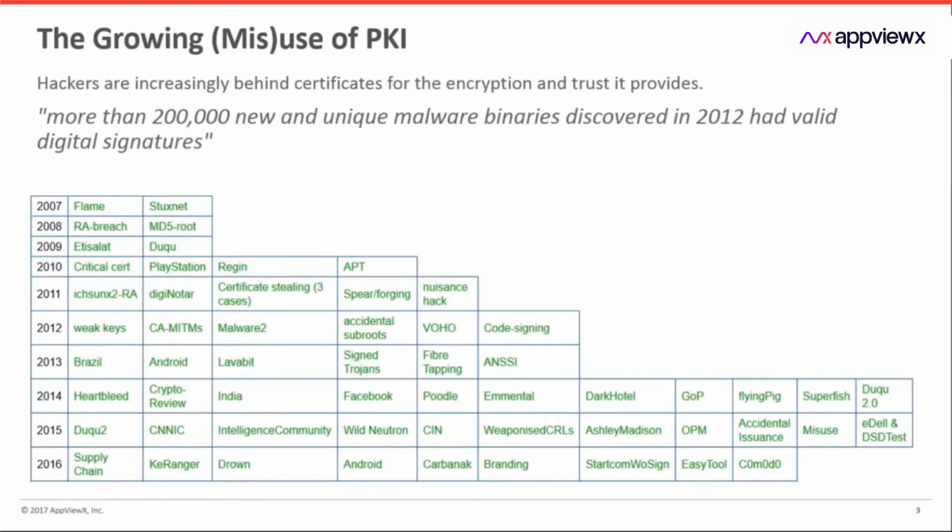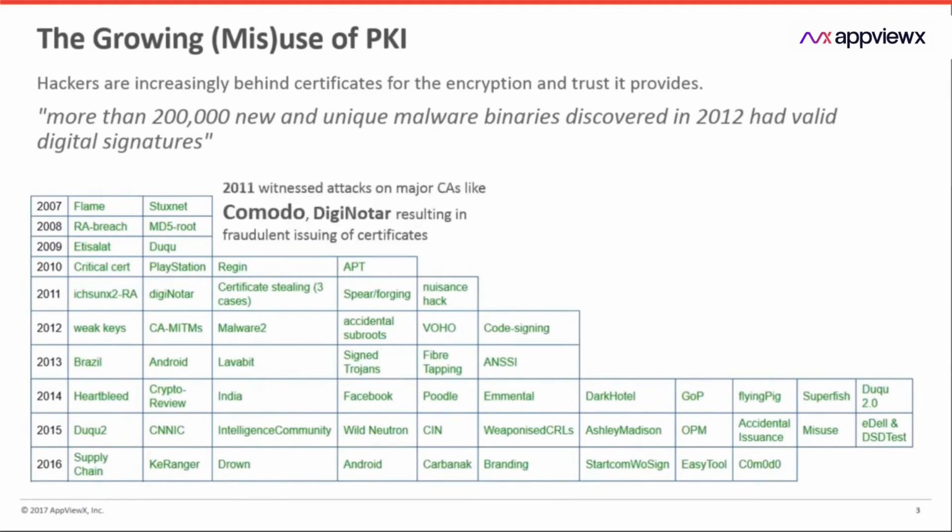A few other attacks that are of prominence are the attacks on certificate authorities like Comodo and DigiNotar to compromise their private keys in the year 2011. Hackers used private keys that were stolen from these certificate authorities, resulting in the fraudulent issuing of certificates.